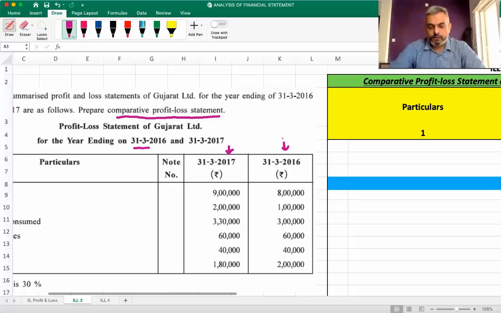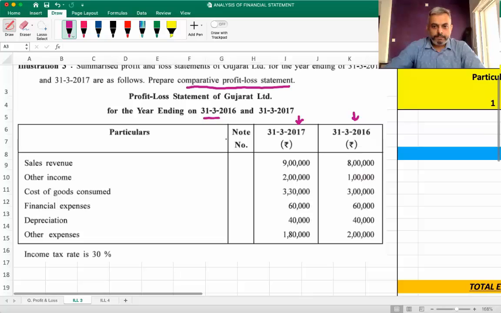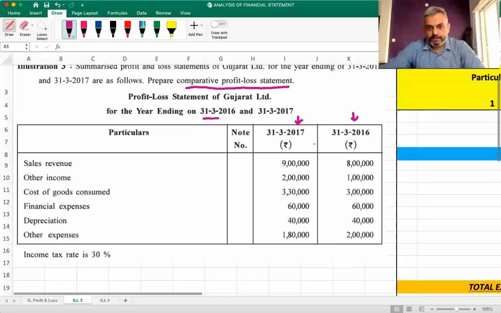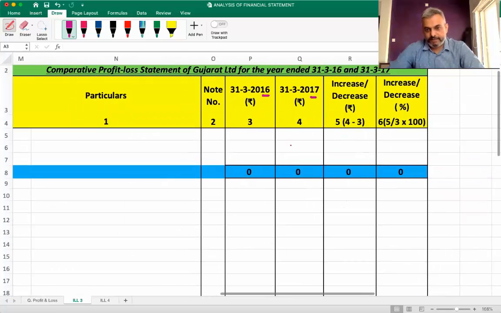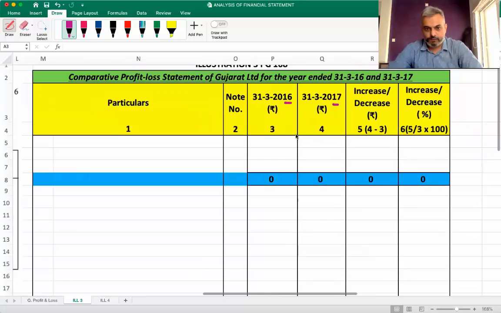Now be careful, the first one is 17 over here and the next one is 16 over here. So your 17 is the second column and the 16 is the first column. So please be extra careful.